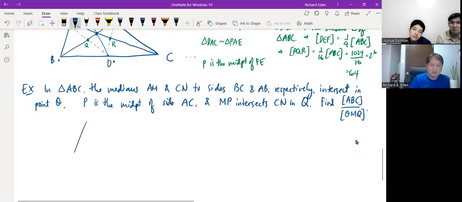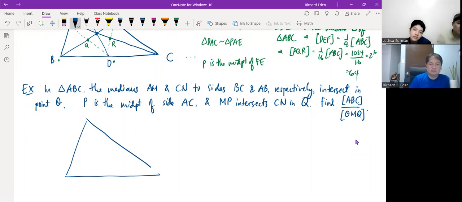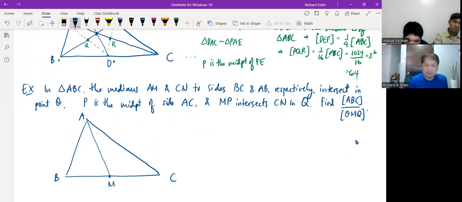So triangle ABC, we have two medians, AM and CN. If AM is the median, that means M is the midpoint of BC. The other median is CN, which means N is the midpoint of AB.